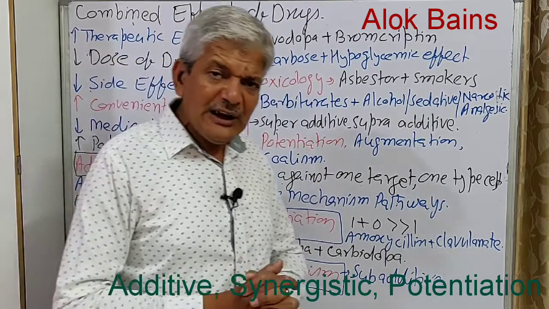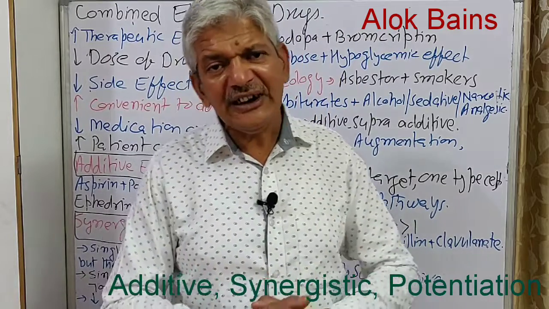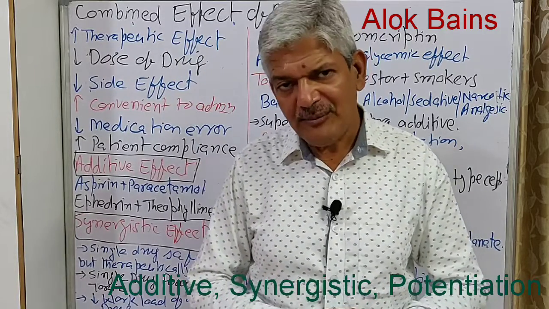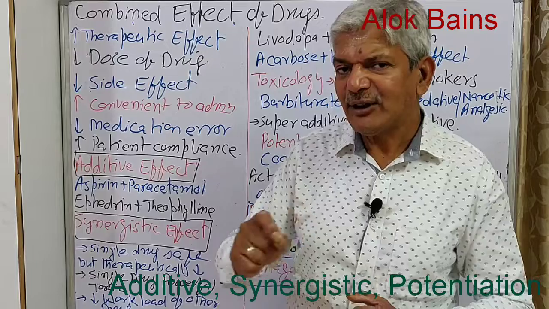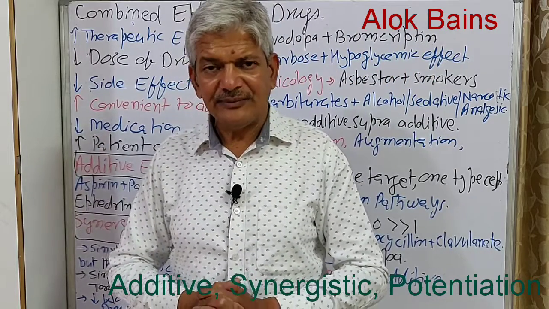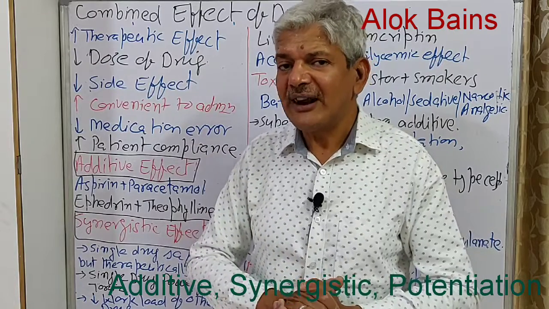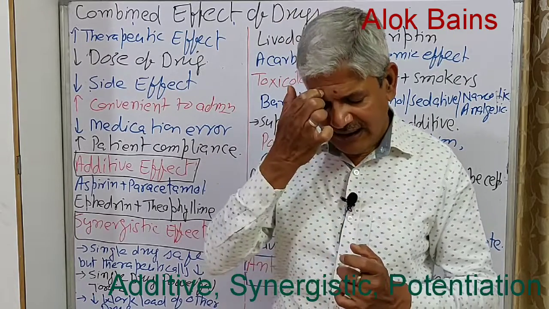We all know levodopa inside our body converts into dopamine, and that dopamine acts on the dopaminergic receptors. But this dopamine cannot cross the blood-brain barrier.